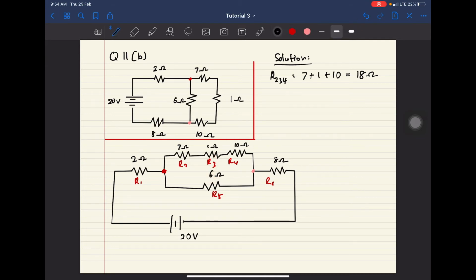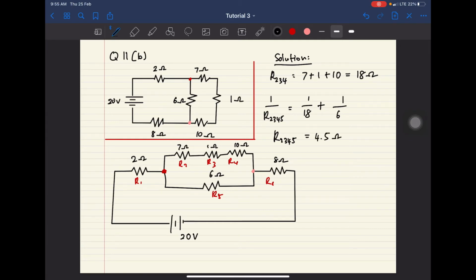So my R2345 would be 1 over 18 plus 1 over 6. So R2345 will be equals to 18 divided by 4, which is 4.5.